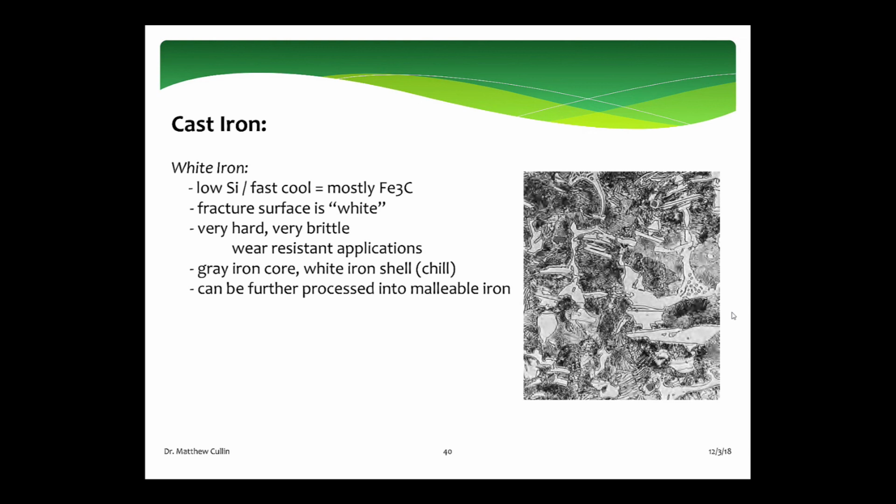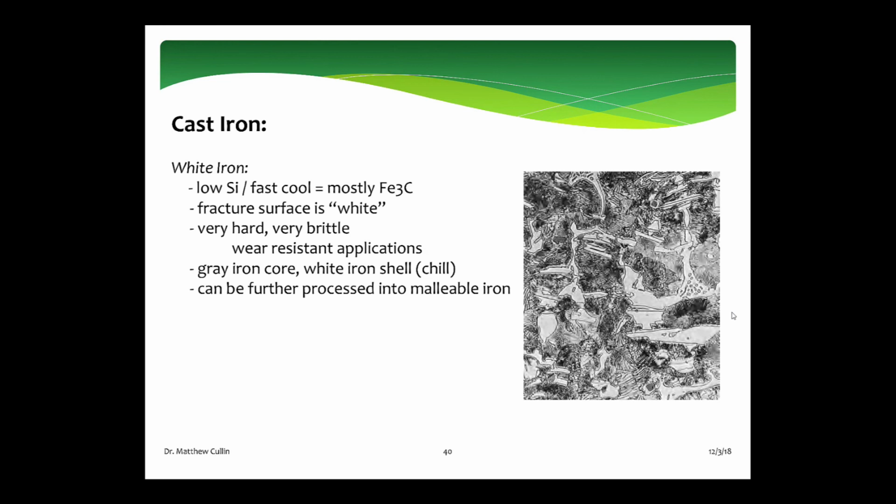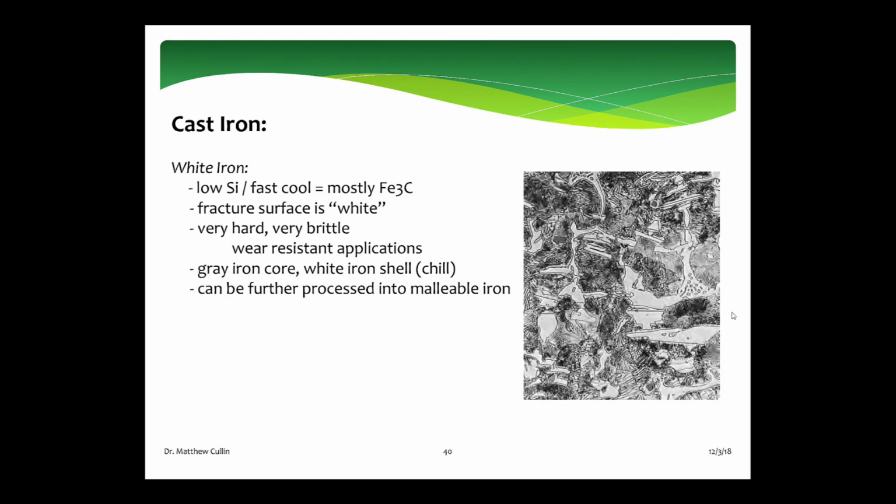We can further process this into malleable iron. For malleable iron, we essentially heat up our white iron, which was cooled very quickly, and it decomposes. In this case, the iron carbide generally decomposes into graphite rosettes, sort of blobs of graphite. That's what the dark stuff is here. As a result, we generally use white cast iron for wear resistance.